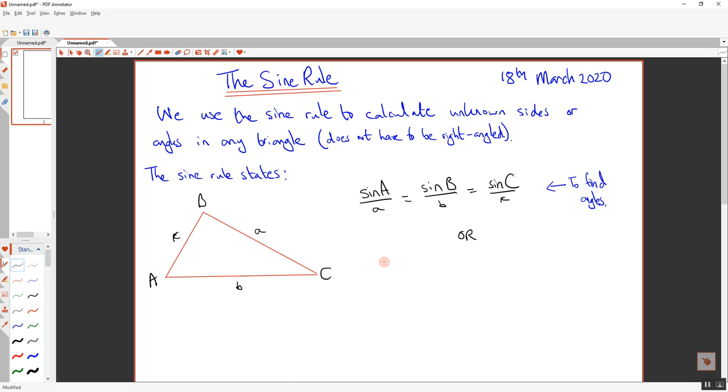Or it also says A over sine A equals B over sine B equals C over sine C. And this one we use to find side lengths.